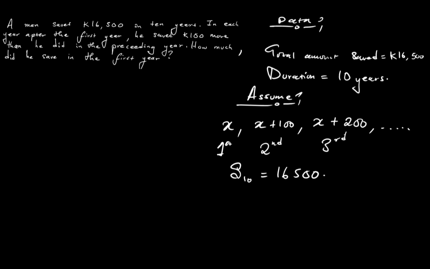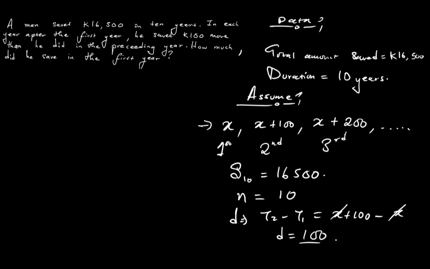And now the value of n will be what? 10. And if we take the assumed sequence, we can find the common difference. We can say d is equivalent to term 2 minus term 1, or term 3 minus term 2. And if we do our computation, that's x plus 100, then minus x again. So x cancels out with x, and the common difference will just be 100.